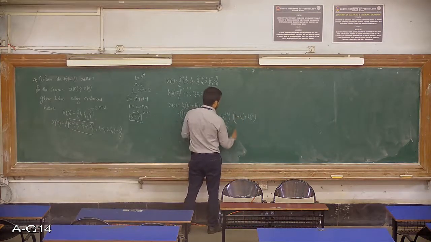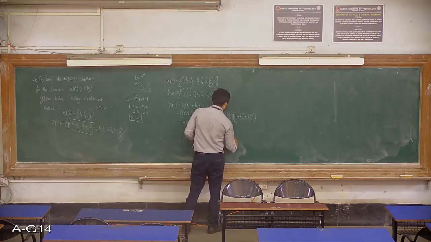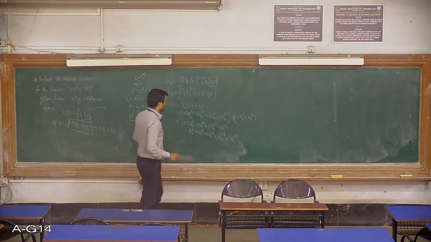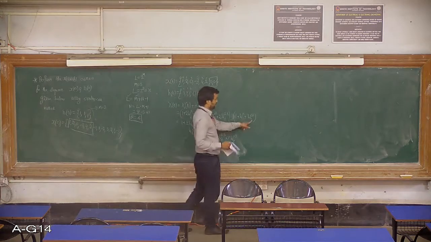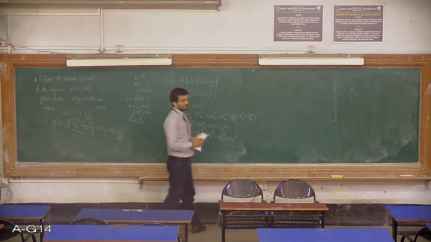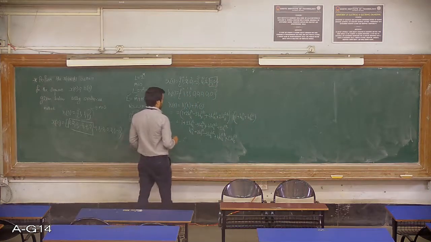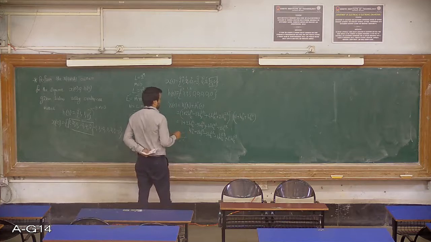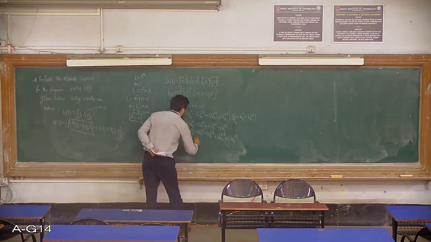K plus k, 6k. The next, this value is multiplied with the entire equation. Last step, multiply and compute the values.